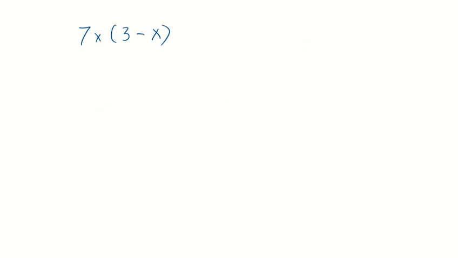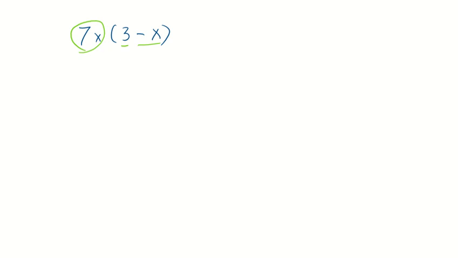That was one term times another one term. Now let's look at one term multiplies two terms. So here we have 7x, this is one term, times 3 minus x. We have two terms here, 3 and negative x, adding together, right?